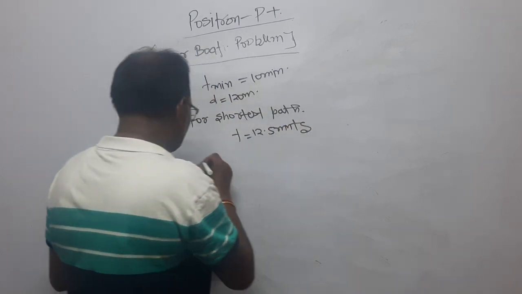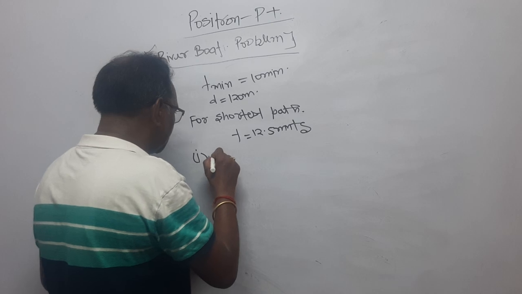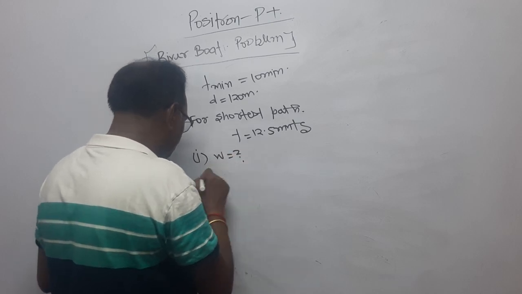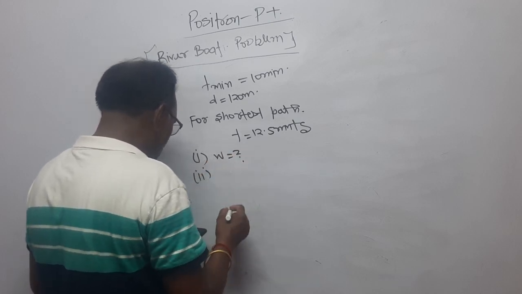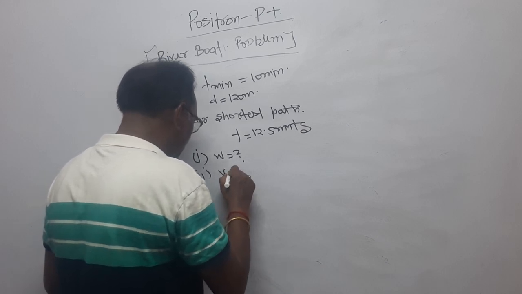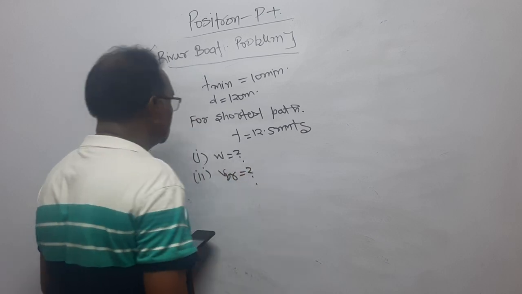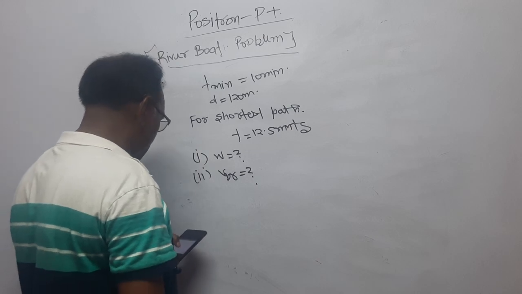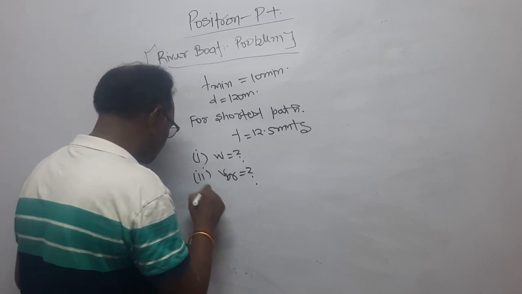Find: the width of river W; second, velocity of boat with respect to river, VBR, right? And third, velocity of river.